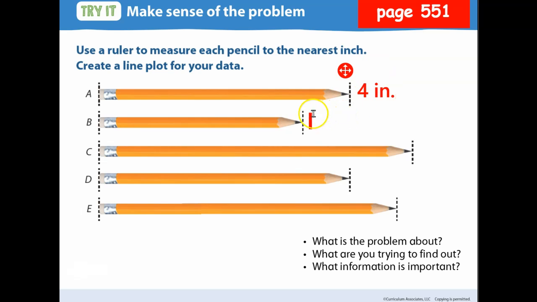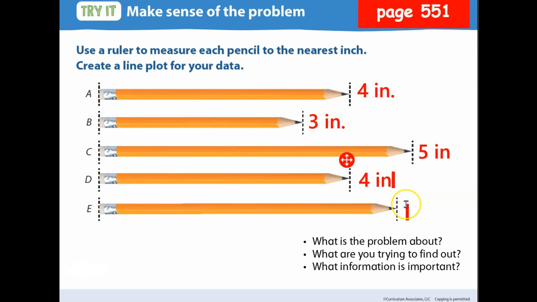How long is the pencil B? 3 inches, so it's 3 in, period. How about C? 5. How about D? 4 again, because look, it's the same length as pencil A, right?